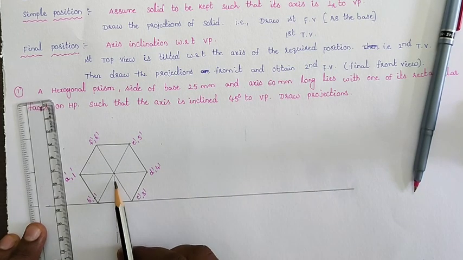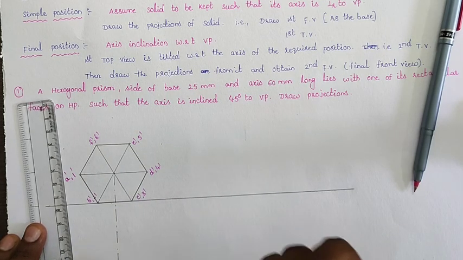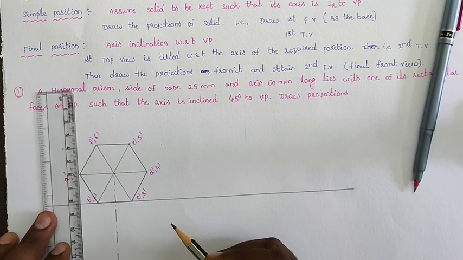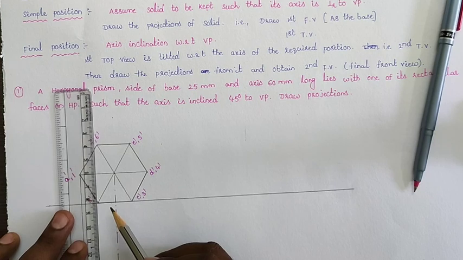The front view can be drawn with respect to the reference line, so the top view can be drawn below the reference line, taking some distance. By taking some distance, we will draw the top view of our diagram.